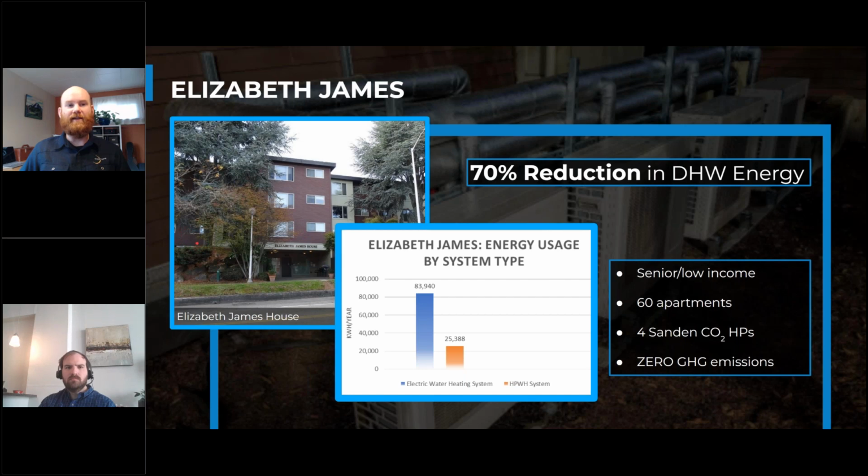But that resulted in a massive amount of energy savings for this project, and that equated to about $6,400 per year of energy savings here. So another really great example of a retrofit case study with a heat pump water heating system.